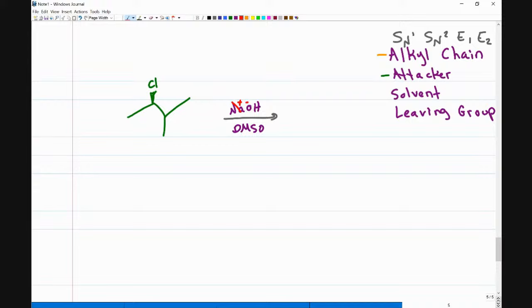That means it's going to follow a two-type reaction. We rule out SN1, we rule out E1. Next, we look at the solvent. The solvent is DMSO. DMSO is one of the polar aprotic solvents that you need to memorize. It's polar aprotic, and that means it's going to favor SN2 over E2.